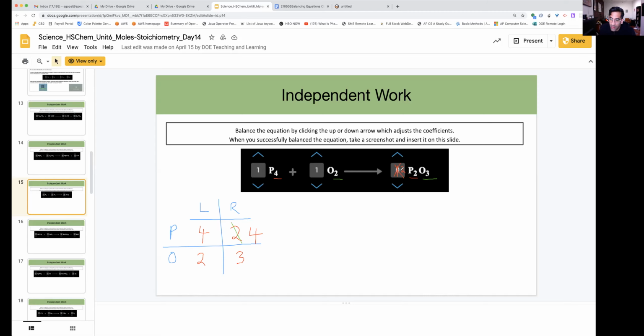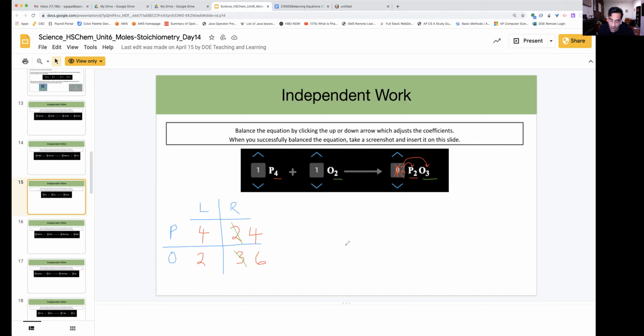Now, if I put a 2 here, not only am I multiplying that phosphorus by 2, but I'm multiplying the O3 by 2 as well. So 3 times 2 equals 6. I can cross that out down there. Now I have 6 over here, and the situation is resolving into place. I multiplied my compound and got into a situation where all I have to do is multiply one of my elements, and that is the oxygen on the left-hand side.